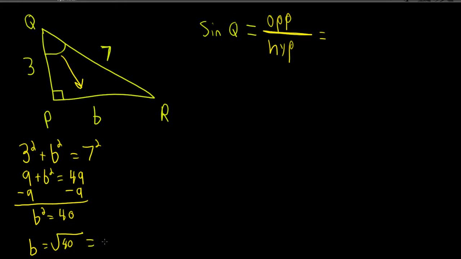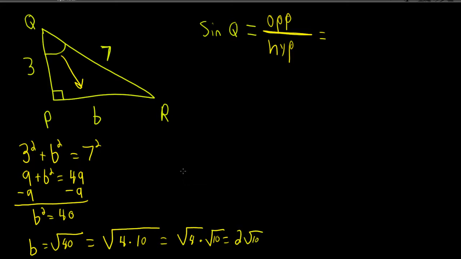which is also equal to, and we've gotten to the point where we hopefully can simplify radicals. Well, 40 is the same thing as 4 times 10. And if I split that up further, that's the square root of 4 times the square root of 10, which equals 2 times the square root of 10.